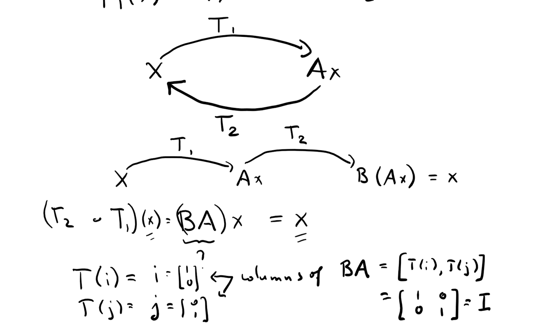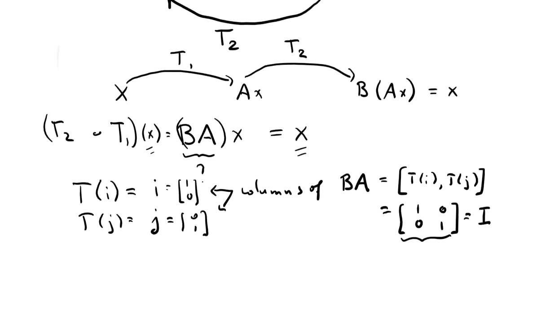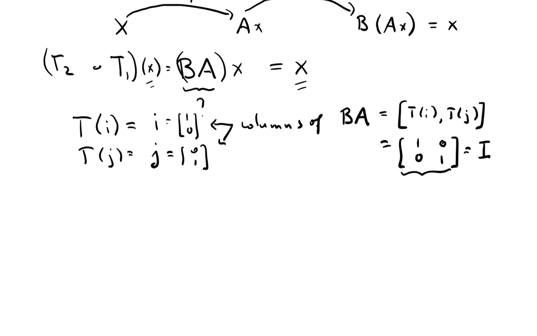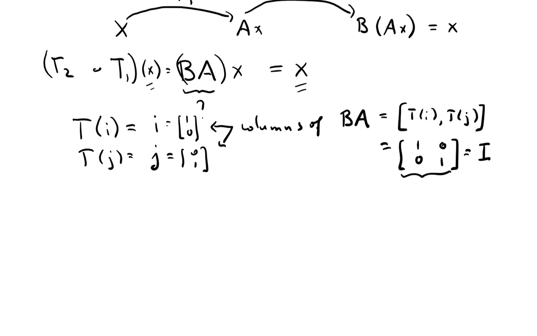So it shows you that this matrix keeps things where they are. And that's exactly what happens when you compose two inverse transformations together. So when you replace B by A inverse, you get A inverse A is I, because things will stay where they are, because you're doing a composition of two linear transformations. And A A inverse will also give us I, because once again, things will stay where they are.